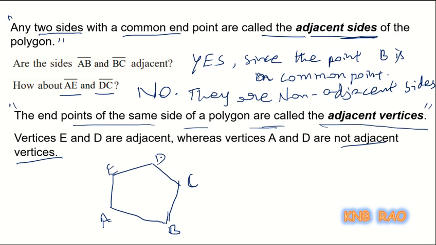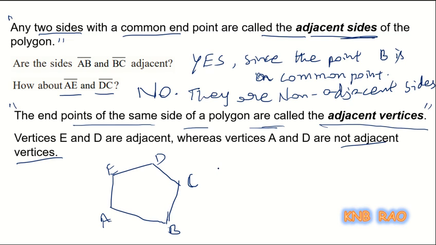C and D are a pair of adjacent vertices. D and E is another pair. E and A is another pair of adjacent vertices. So totally 5 pairs of adjacent vertices we have got.